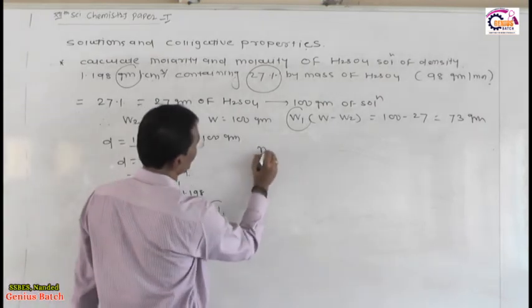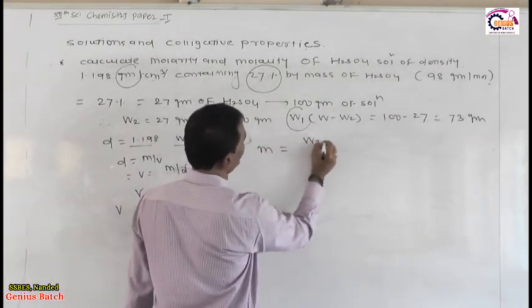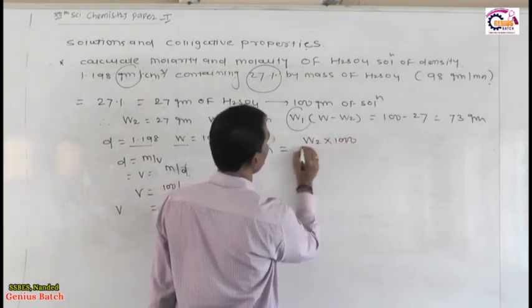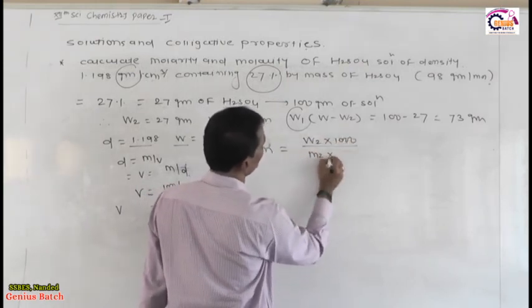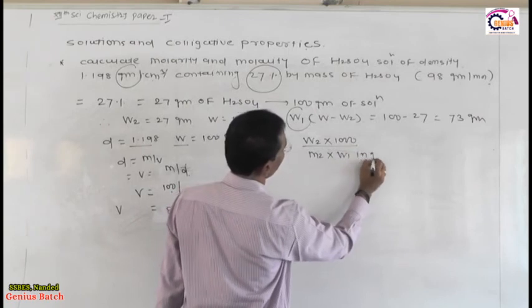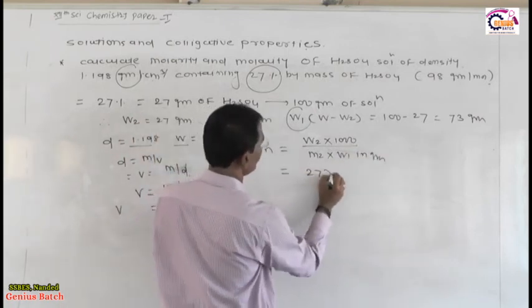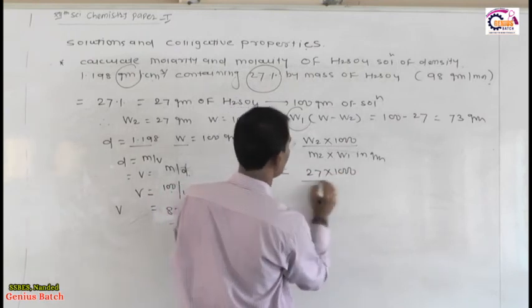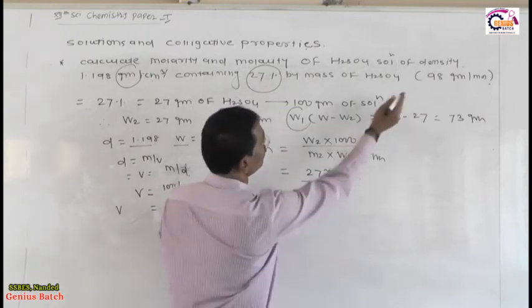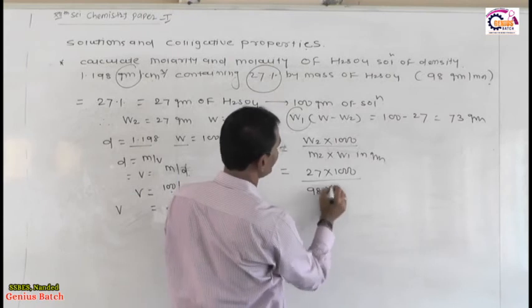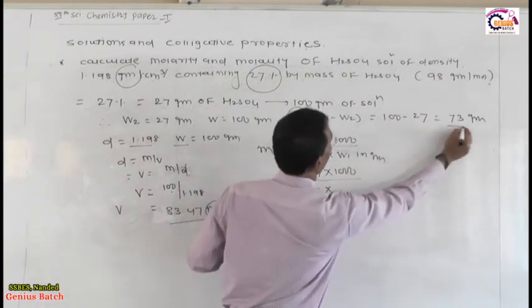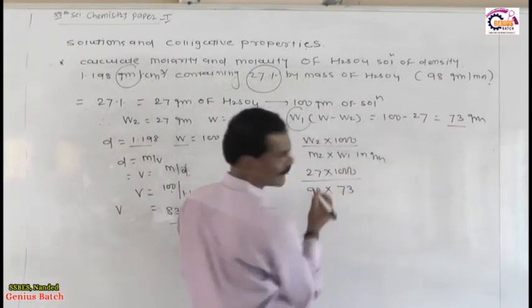Now calculate small m. Molality is equal to W2 into 1000 divided by M2 into W1 in gram. Dear student, very simple. The value of W2 is 27, so 27 into 1000 divided by M2, which is 98, into W1 in gram, which is 73.